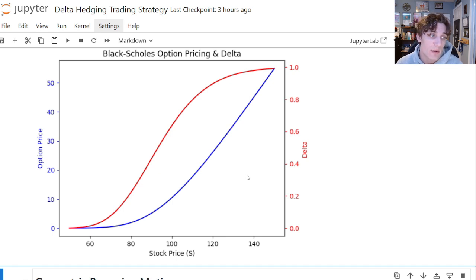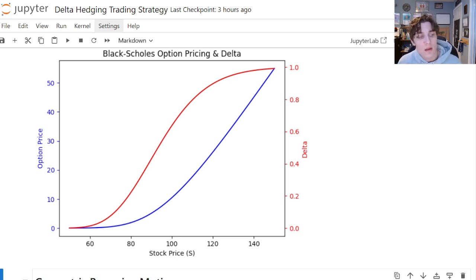It is a linear approximation of the change in an option's price based on a unit change in the underlying asset price. Long story short, it is how we can expect the option's price to change when the stock price changes. This red line here represents delta itself, and it's also sometimes used as an approximation for the probability that an option expires in the money.